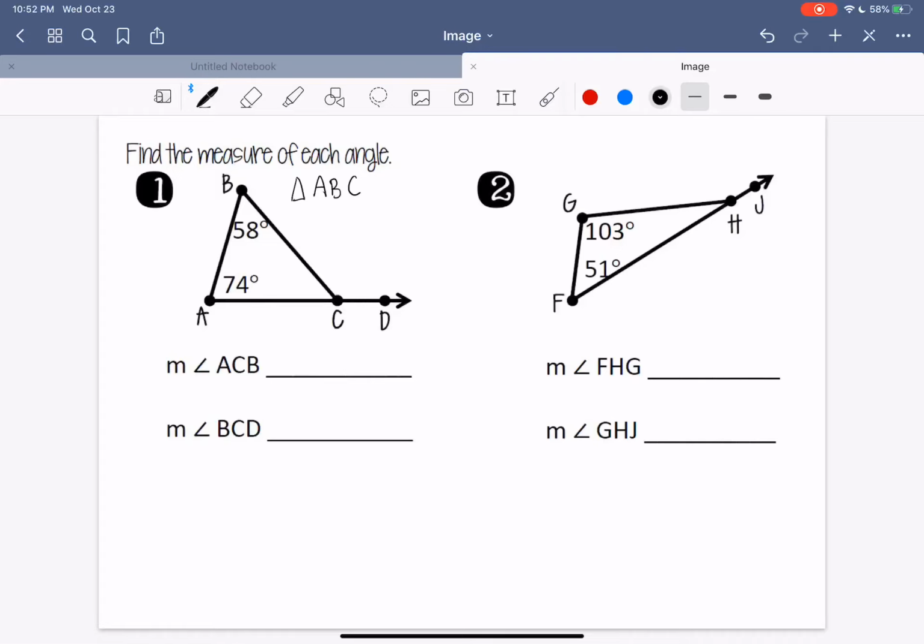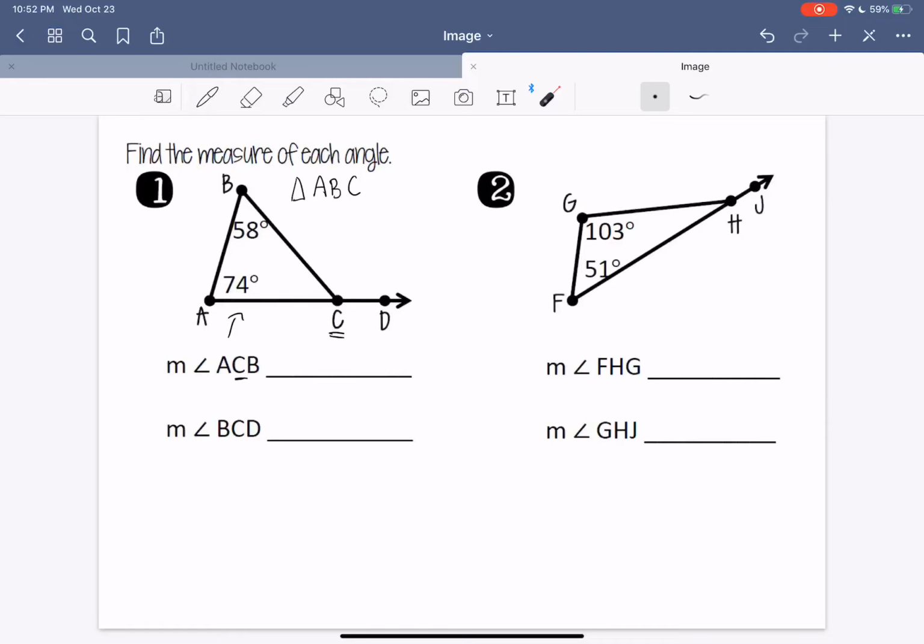They are asking, just in a secret way. The angle they're trying to find is always going to be the middle letter. As you look at the one right above, the one that's missing is at C. So they read it as the measure of angle ACB, and that middle letter, C, is our missing angle.